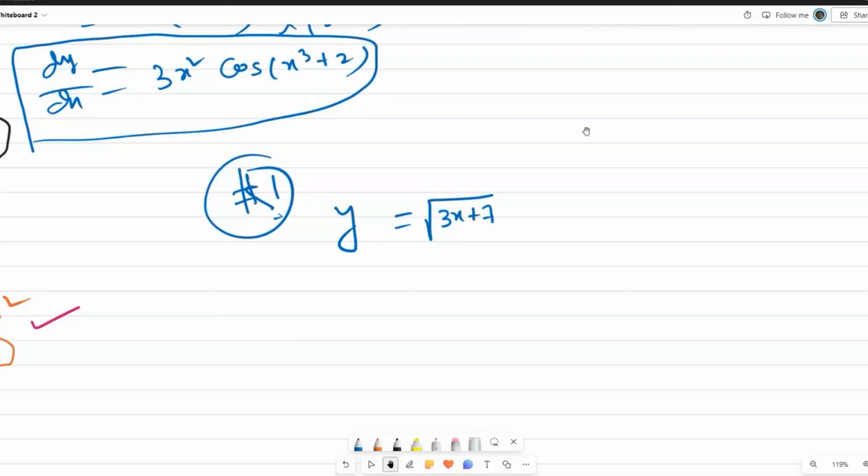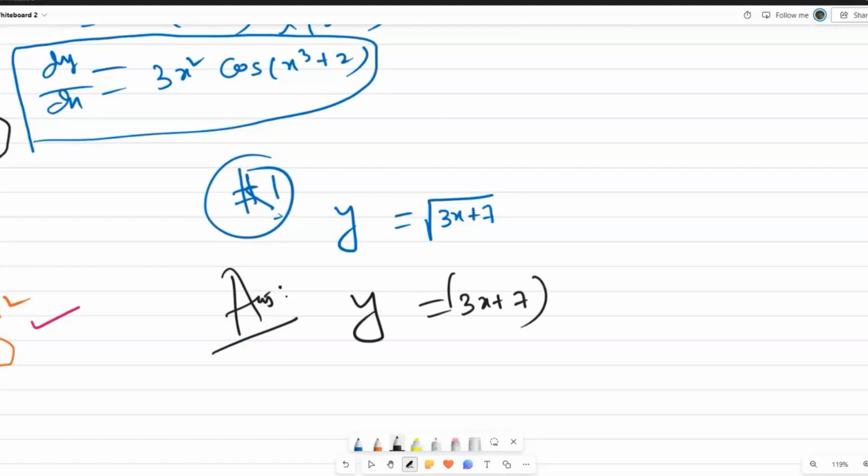If you say that you can do it mentally, proceed, no problem. Mentally means that method. Here you write y equal to 3x plus 7 to the power half. If you go by the formal method, you write let y equal to z to the power half, z equal to 3x plus 7.